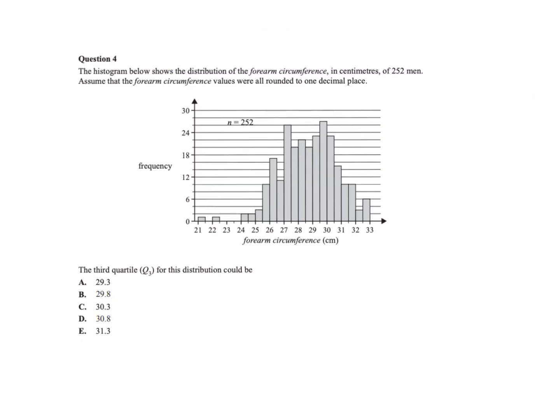In this one, the histogram, we've got 252 men, so N is 252. They want Q3. If we split the 252 in half, we'd have 126 data here and 126 data here. So Q3 equals the median of the second half.